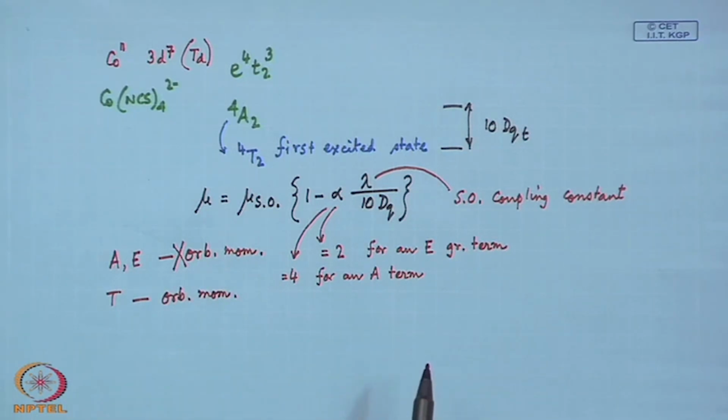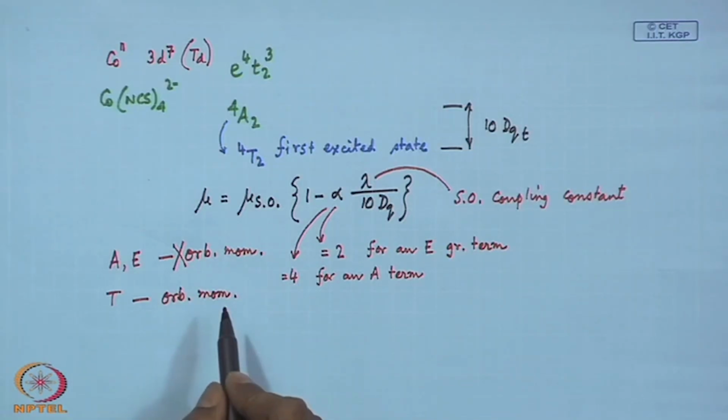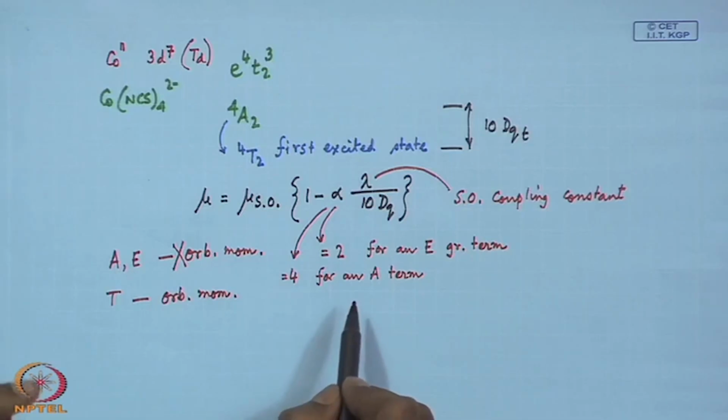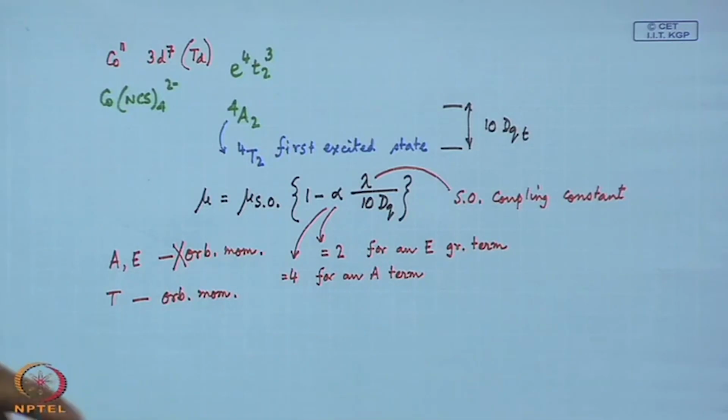So, whenever we have a T term, we get an orbital contribution from this system. This tells us why we are getting some amount of magnetic moment in excess of the spin only values. Thank you very much.